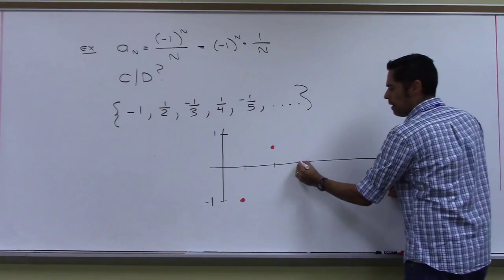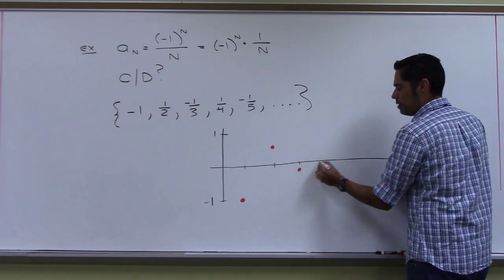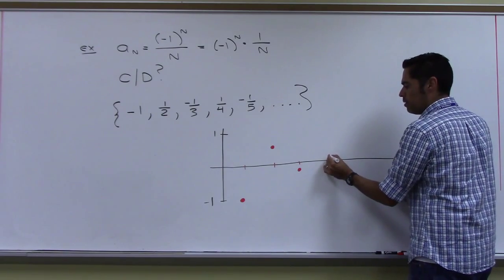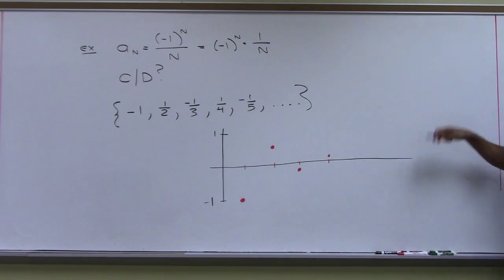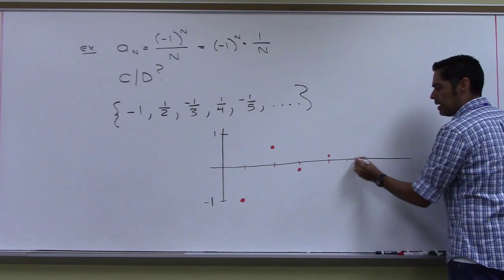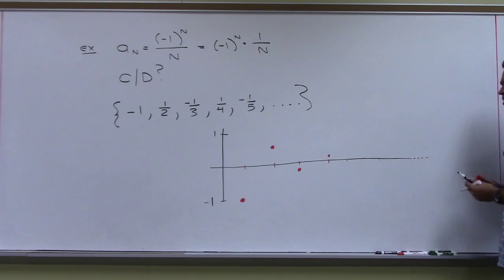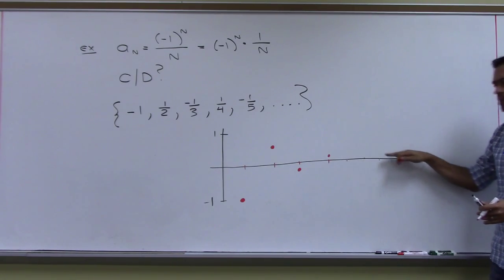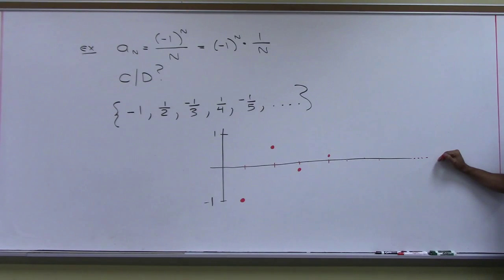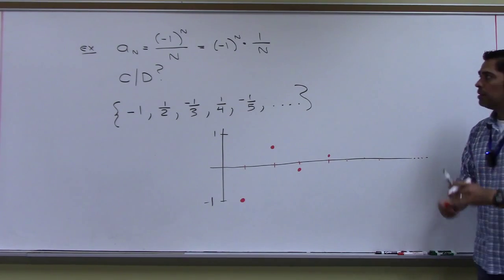Plugged in 3, we got negative 1/3, and then 4, positive 1/4. So we are getting the oscillation back and forth between positives and negatives, but they keep on getting closer and closer to what? 0. But it's kind of almost asymptotic. It's approaching 0. It's never actually going to get there, is it? Okay. But it's approaching it.